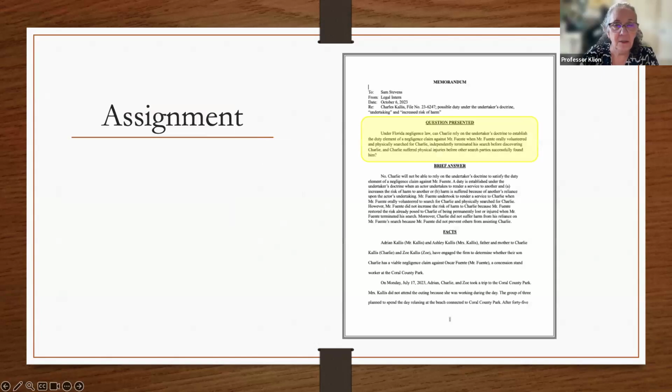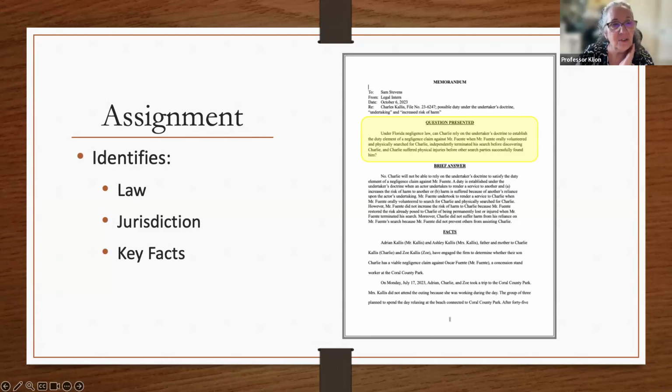After the heading, you go to the assignment. In the picture, it's called the question presented. Notice that the title is underlined, all caps, and in bold, and the assignment itself identifies 4 things: the law, the jurisdiction, the key facts, and the question asked.